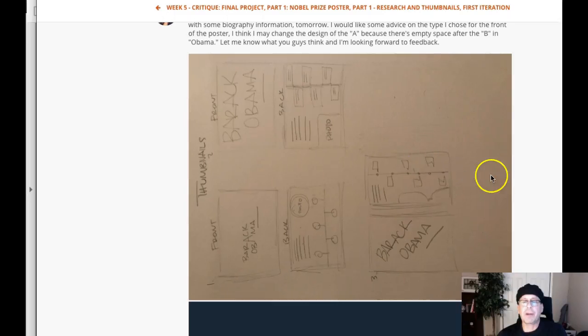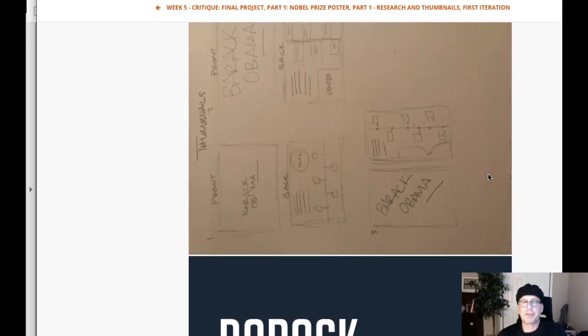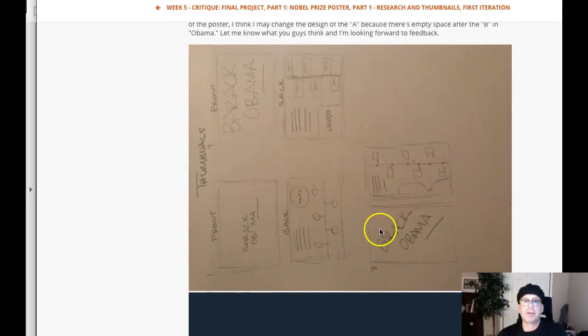One thing I want to remind you of, in terms of presentation: whenever you submit thumbnails or sketches, make it as easy as possible for the viewer to look at the work. Stay away from presenting sketches that are not oriented the way they're meant to be.